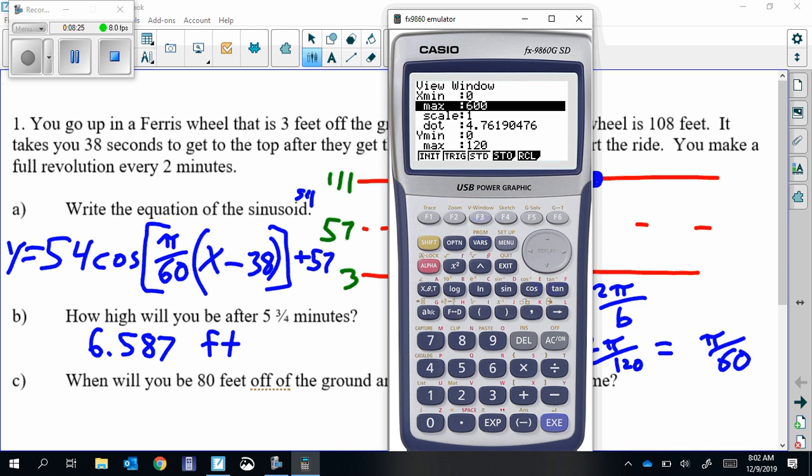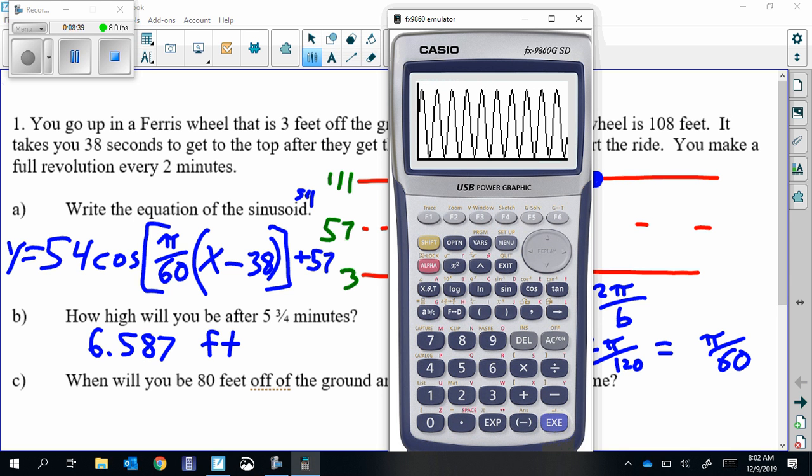So we'd have to extend this out. Instead of 600, it's probably going to be more like 1,200. X calc, Y is 80.